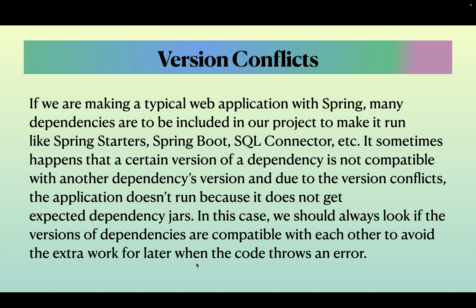So what do you need to do? You need to know which specific version of a specific jar supports the other version. One of our developers faced this issue when we were migrating our Spring Boot project from 2.7 to 3. It was the JPA version that was wrong in her pom.xml file, and it took about 3 days to resolve that issue for her, because she didn't know that there is something called version conflict.